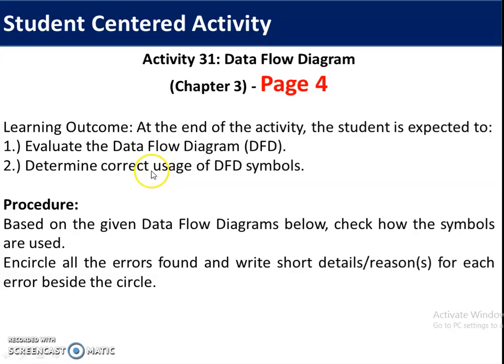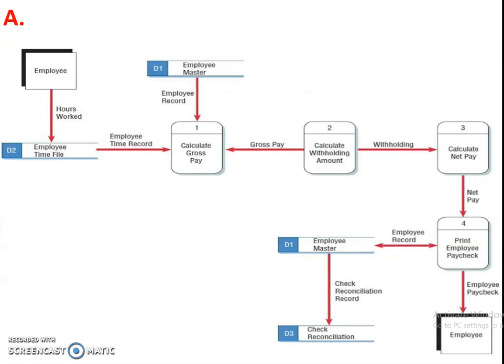I have checked your answers, but I have seen that some of you were not able to properly identify and label, and you did not properly indicate the reason why it is wrong and how to make it correct. Given 4 diagrams, check how the symbols are used, encircle all the errors found, and write short details about why it is wrong and how to make it correct.